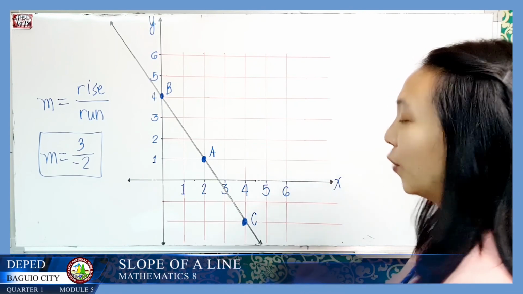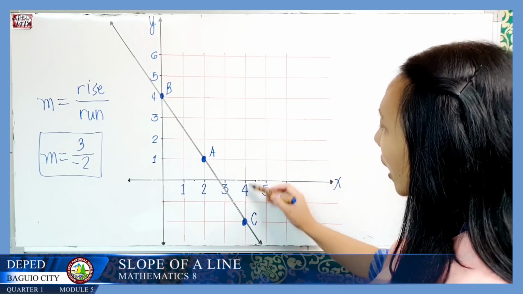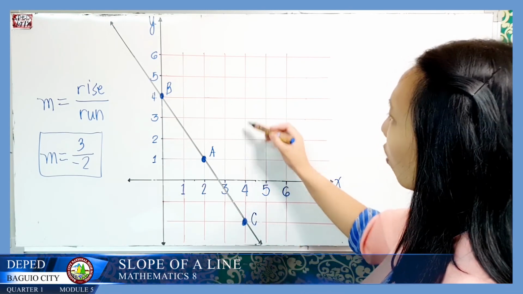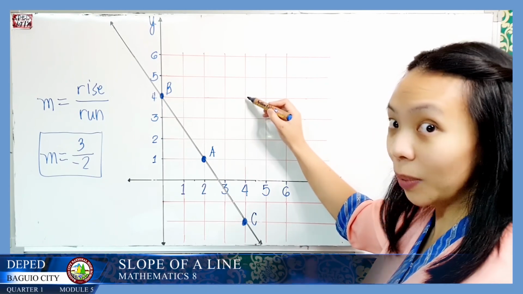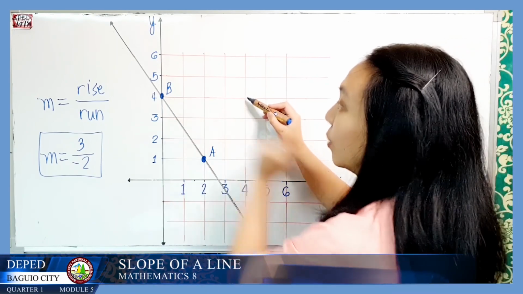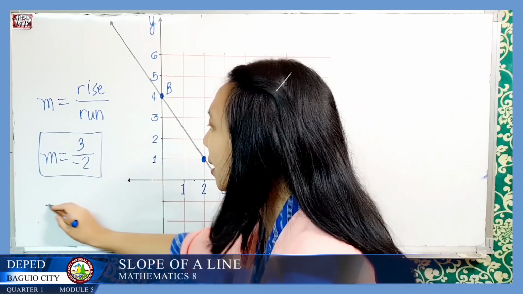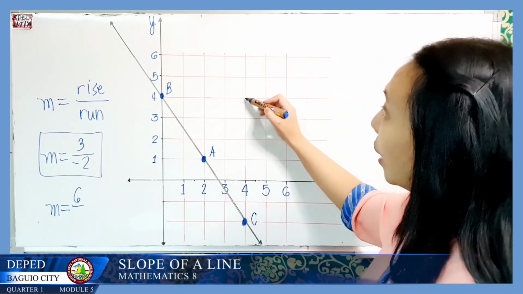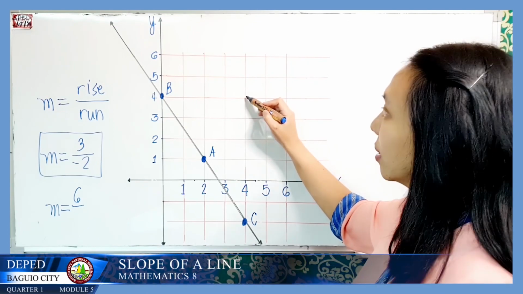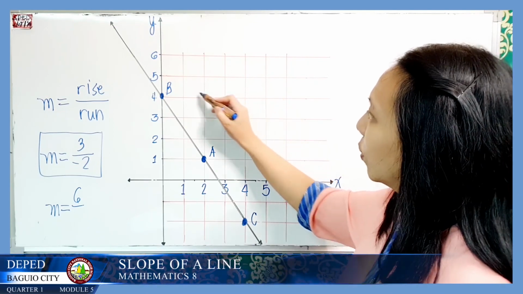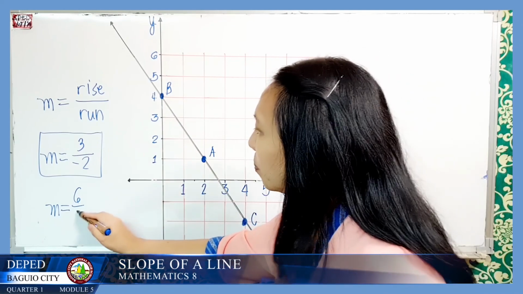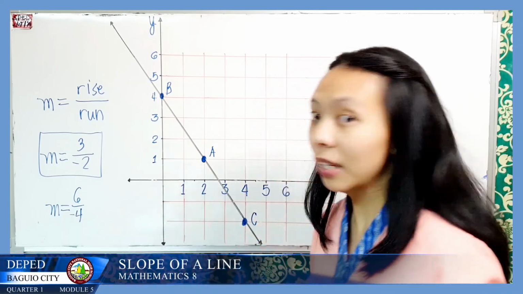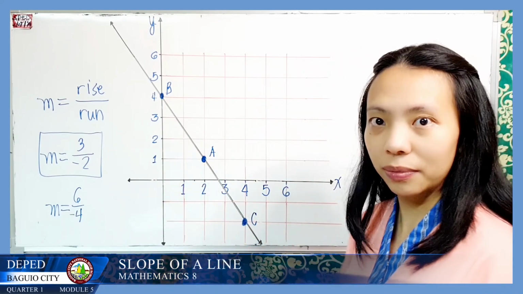Let's count the number of units moved. 1, 2, 3, 4, 5, 6. Again, we'll stop there. We are already aligned with point B. The rise is 6. What about our run? The run is 1, 2, 3, 4, but it should be negative since we moved to the left.